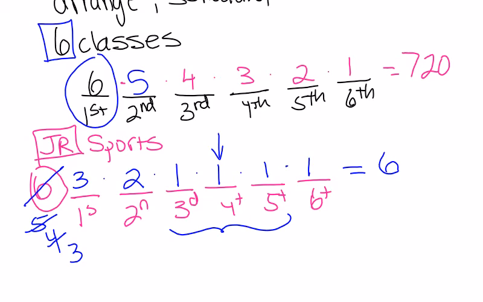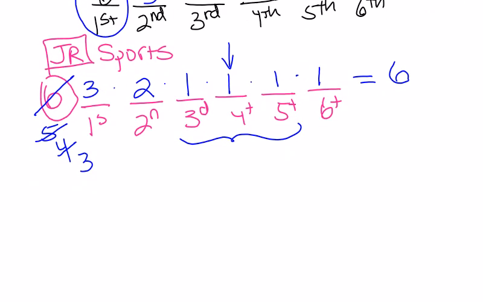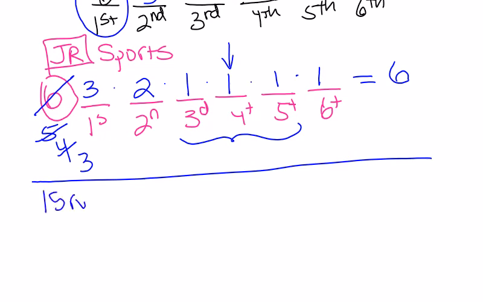So let's do maybe 1 or 2 more examples. So our next example is, I want to figure out if there are 15 people running a race, how many ways can we get our top 3 finishes?